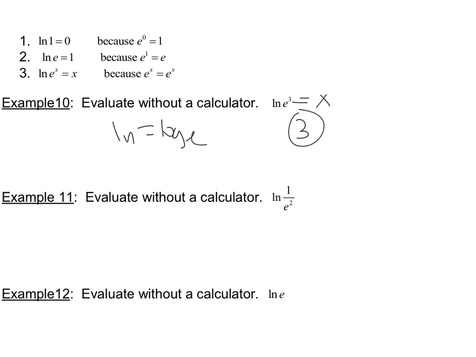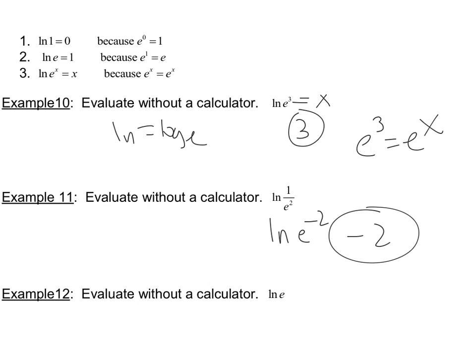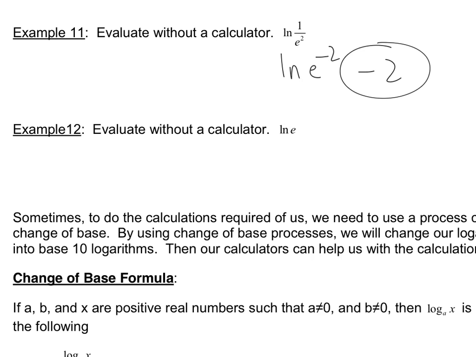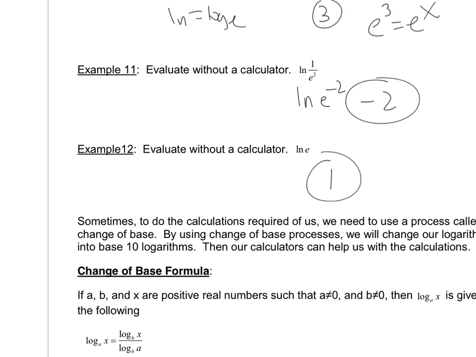So if I changed it, it'd say e to the third equals e to the x. So x is 3. So here, this would be natural log of e to the -2, so it's -2. Here, it's the natural log of e, so it's 1. Okay? If you don't get these, I'll do some more examples in class. You got to ask, because you watched the notes.